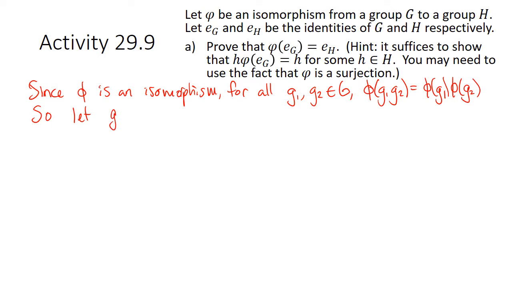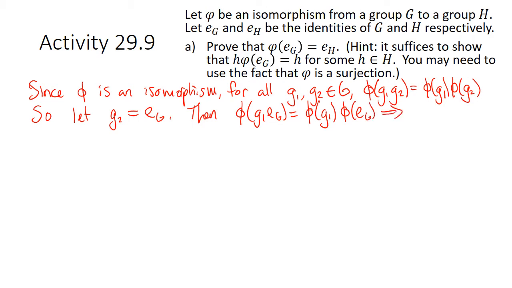I'm going to let g2 equal EG, so I'm just going to plug that in for g2. Then phi of g1 times EG is going to equal phi of g1 times phi of EG. Okay, and then that implies we can simplify and get that phi of g1 equals phi of g1 times phi of EG.